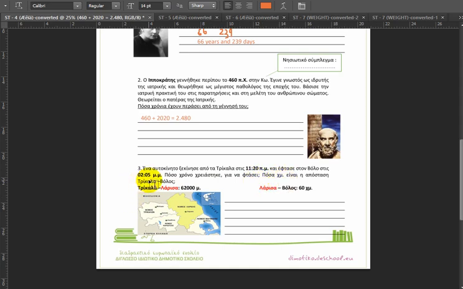Now, this can be a little confusing because you might be tempted to do 1120 minus 205, but no, because this is the time that it arrived. So we need to do this, take away this. But then how do we do that?